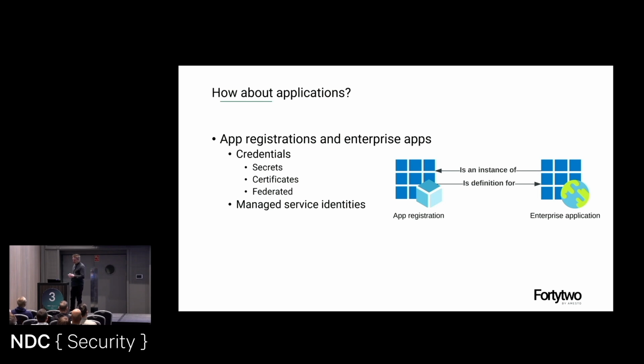Then we have managed service identities. So if you use Azure and create different kinds of Azure resources, you have probably created a managed service identity, I would assume. The point is that I can, for example, have a logic app in Azure, or an Azure function, or whatever.